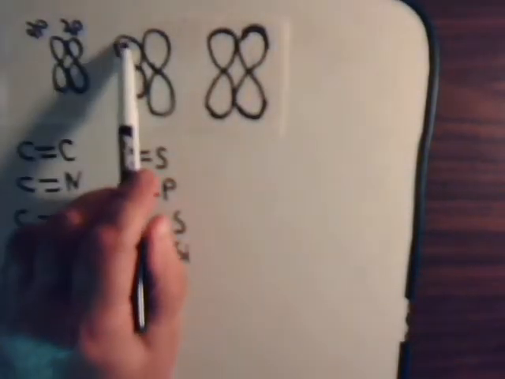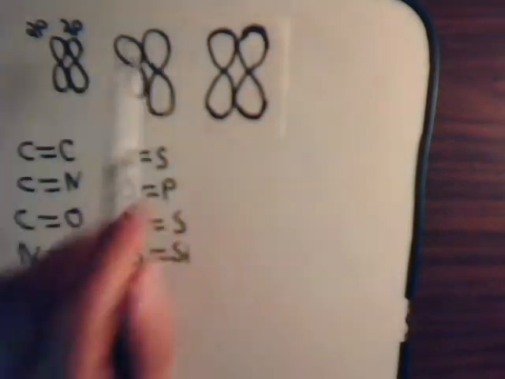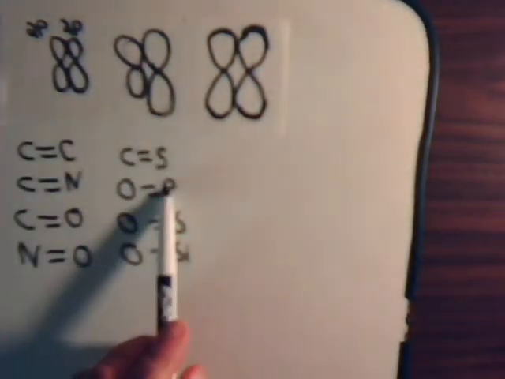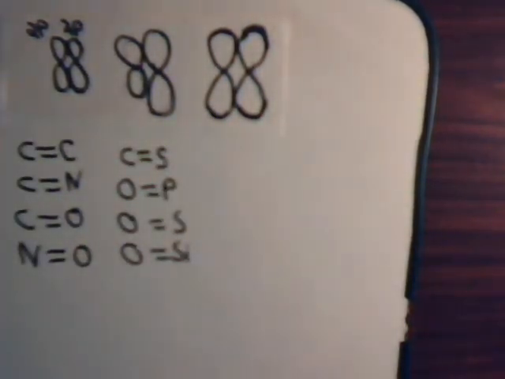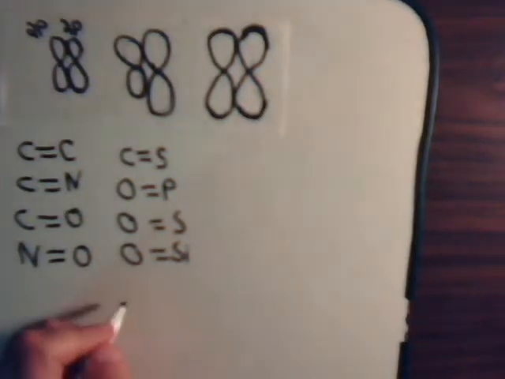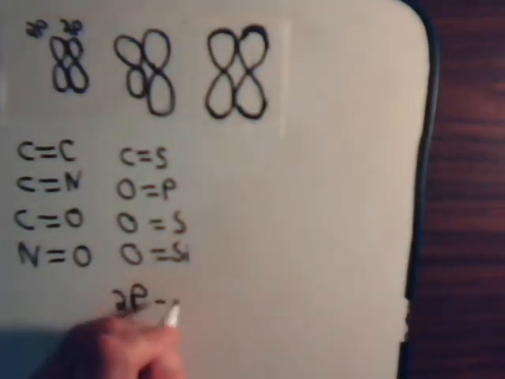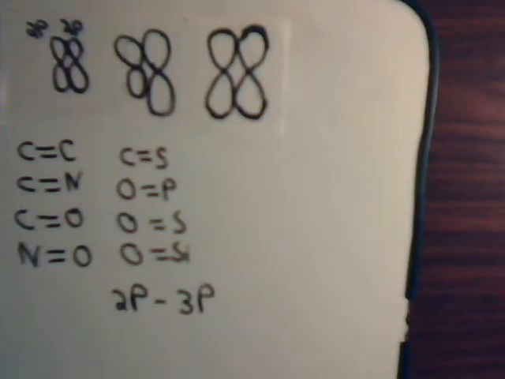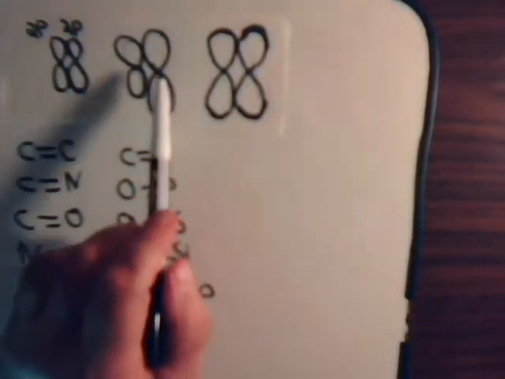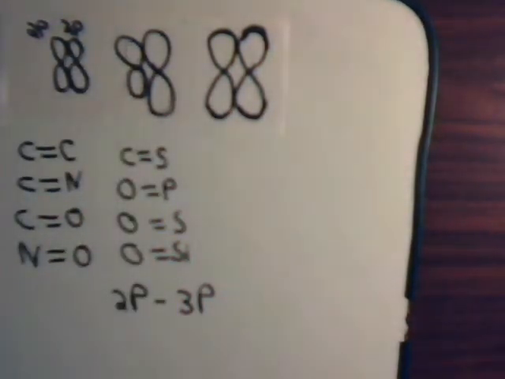This would be 2p, 3p from sulfur, phosphorus, silicon. These would be 2p, 3p overlap. And here we have a size mismatch, so the overlap is not as effective. So these pi bonds are considerably weaker than these pi bonds.